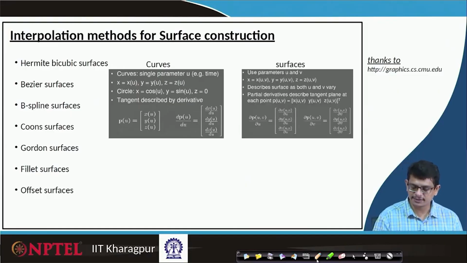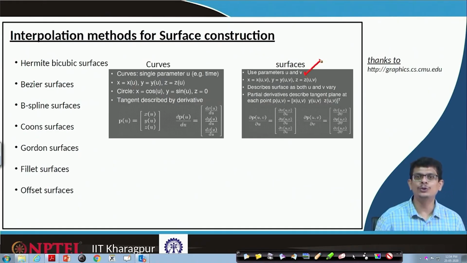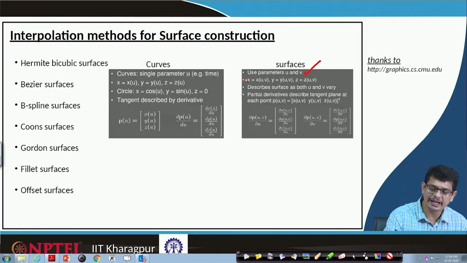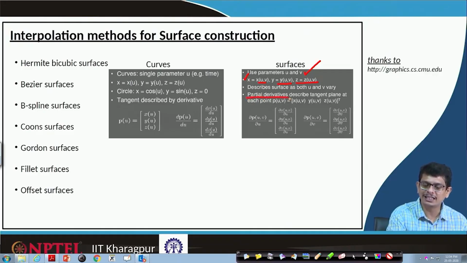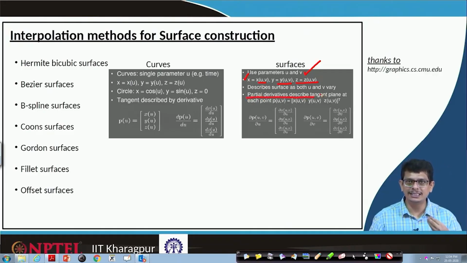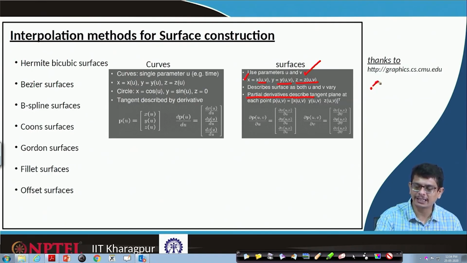If it is a surface, we will have two parameters u and v. In two directions we will have this parametric variation u, v, and any data point on the surface is represented by two parameters u, v. y is also a function of u, v, z also a function of u, v, and we require partial derivatives describing the tangent at those points, like how we talked about a curve with a point and a tangent, so that I can construct a circle.